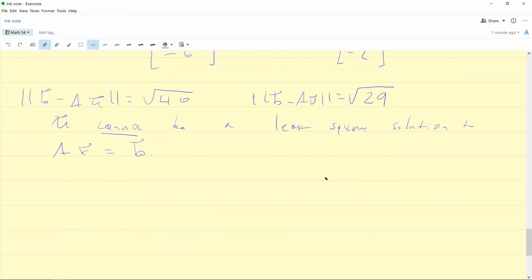Any other questions about Gram-Schmidt or least squares in general? I didn't have too many problems because a lot of the more conceptual ones were on the homework. I want to give you guys a chance to try those first, and the other ones are just pretty straightforward computations. Cool.